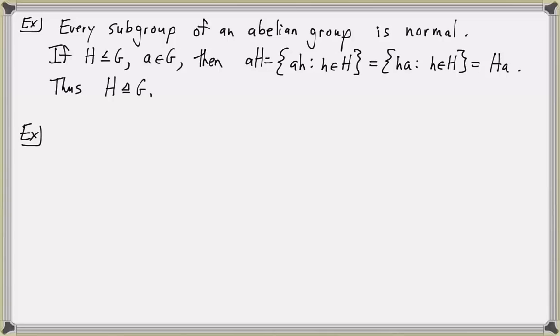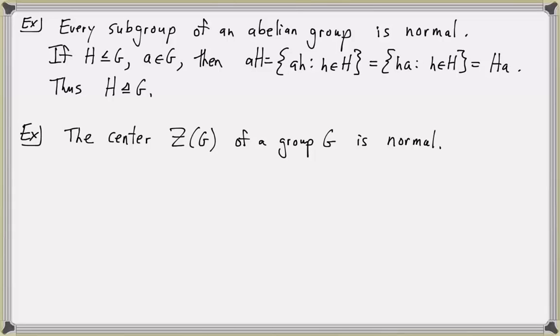A similar example is the fact that the center of any group is a normal subgroup. So the center, denoted Z(G), of a group G, is normal.